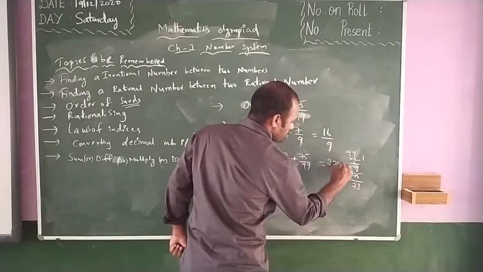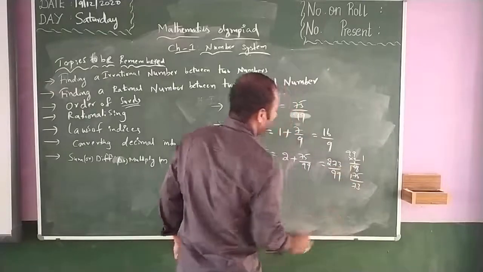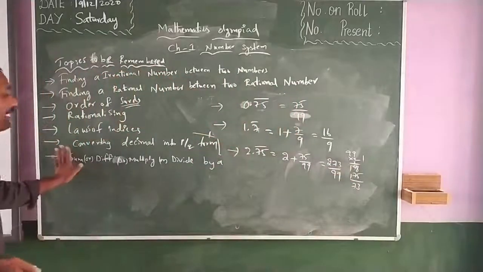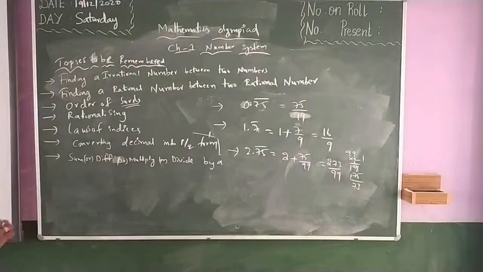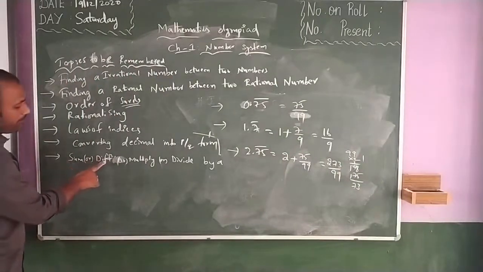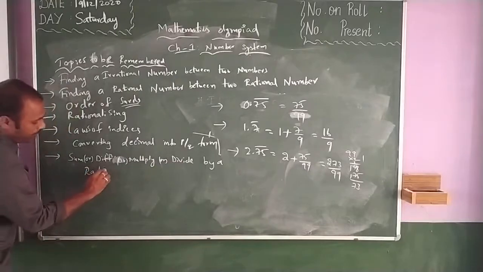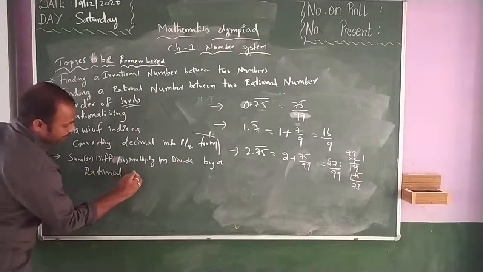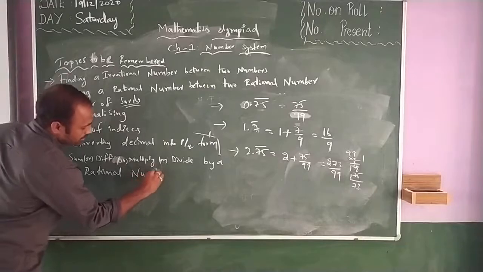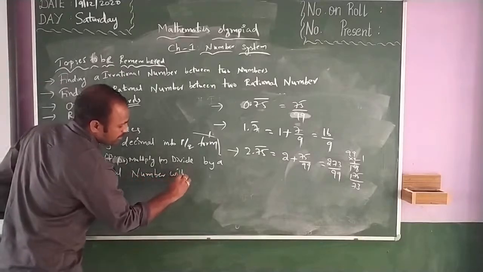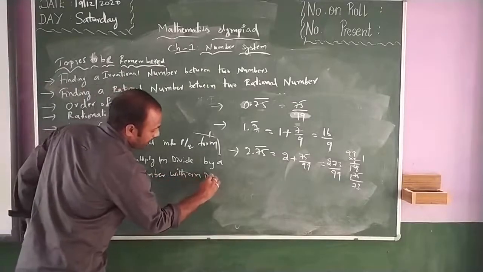So the answer is 273 by 99. So these are the ways of converting a decimal number into a fraction. Next, the last concept is the sum, difference, multiplication or division of a rational number with an irrational number.